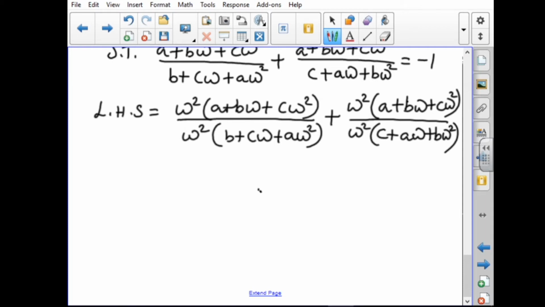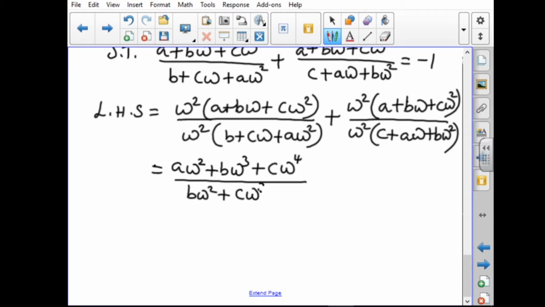Okay. Now we are going to multiply inside with omega square. So the terms will become a omega square plus b omega cube. Omega cube is nothing but it is equal to 1 since omega is a cube root of unity. C omega power 4, c omega power 4 means omega cube will become 1. So here we will get only omega divided by b omega square plus c omega cube plus a omega power 4.